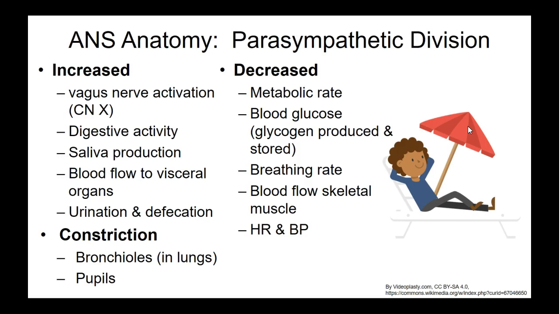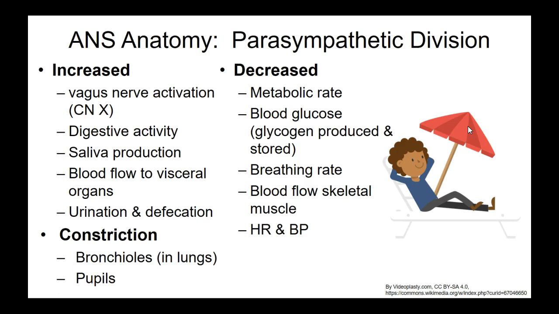Now, it's the opposite when we talk about sympathetic. You're out and you see a bear, right? You want to have as much blood flow to skeletal muscle as possible, right, to potentially escape. Right? Breathing rate goes down. We talked about that.